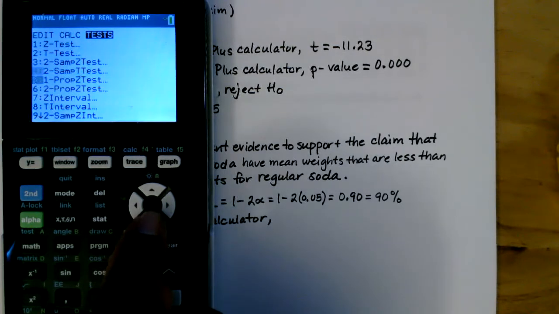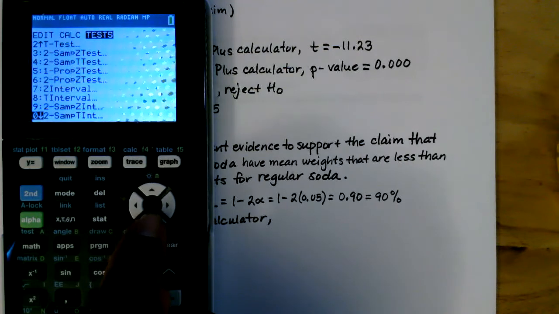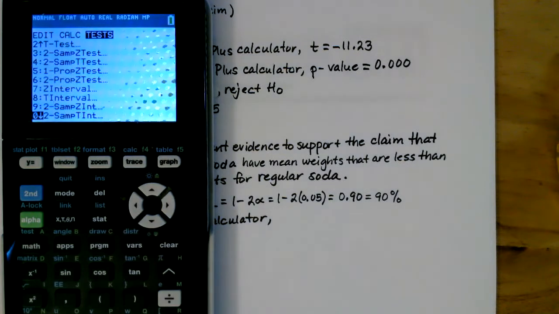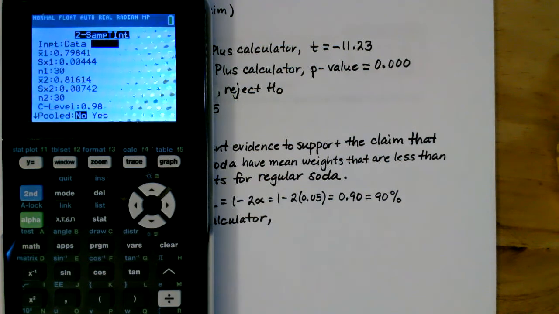And this time I'm going to select 2-samp T interval. Then press enter.